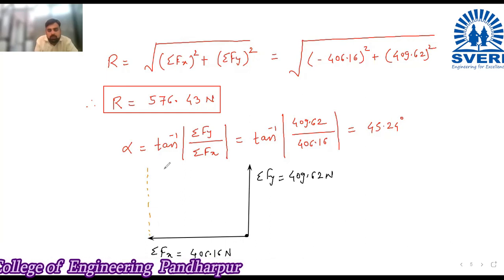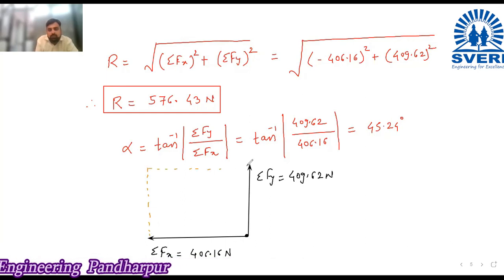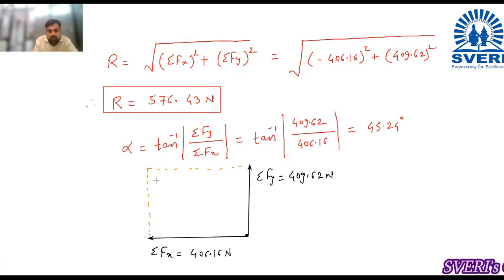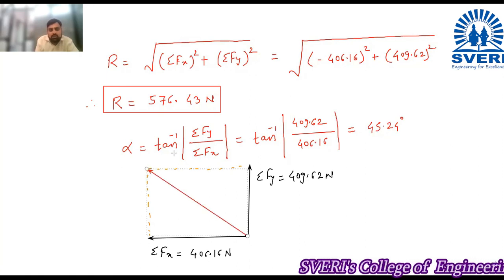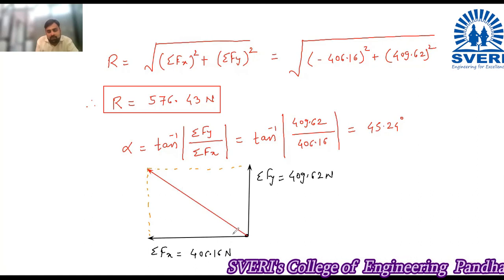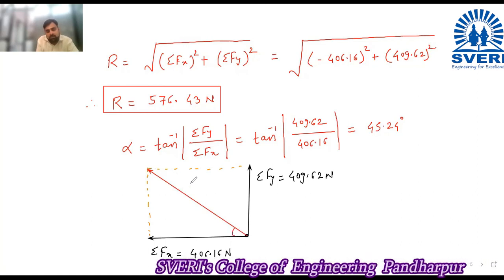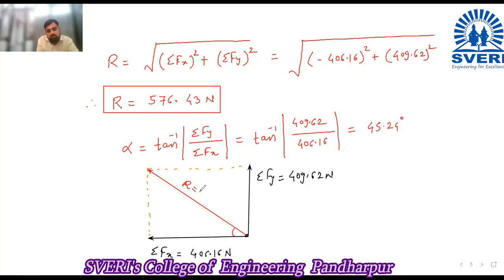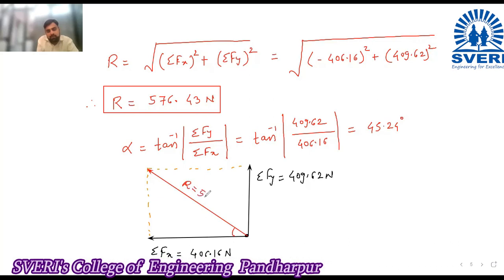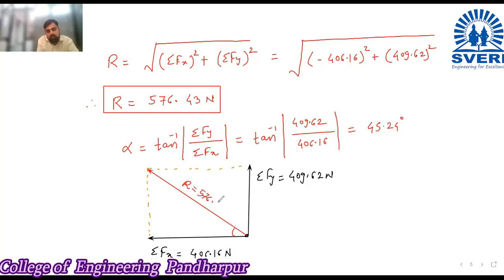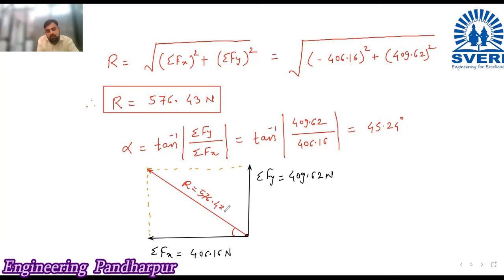So perpendicular. So now this diagonal will give us the resultant. The resultant is this diagonal. This is the direction of the resultant. So our alpha is this angle. So R is equal to 576.43 Newton.